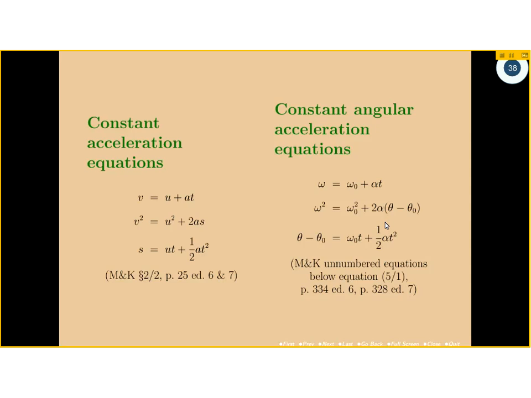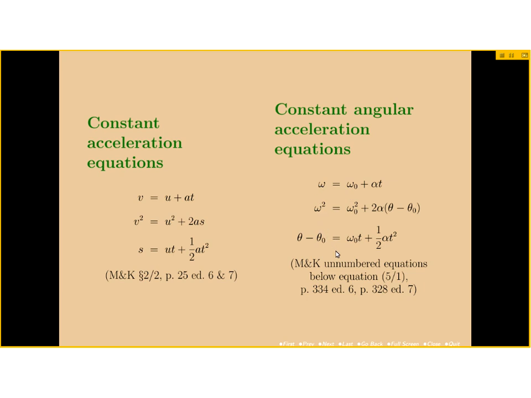The point I'm actually trying to make is that when we talk of rotation, we have similar constant angular acceleration equations. By the way, remember that these three equations are valid only if the acceleration a is constant with time. In the same way, these three equations are valid only if the angular acceleration alpha is constant with time. But you can see that these three equations are the equivalent equations of these three.